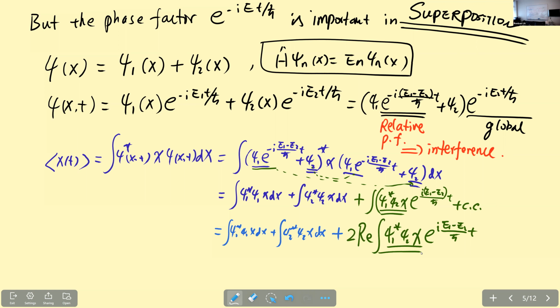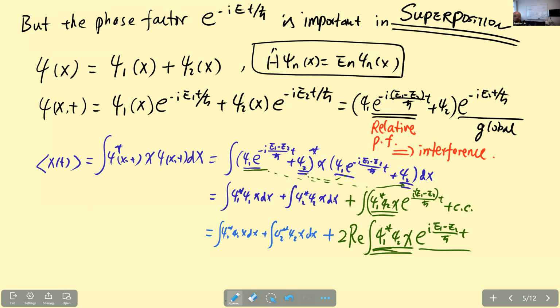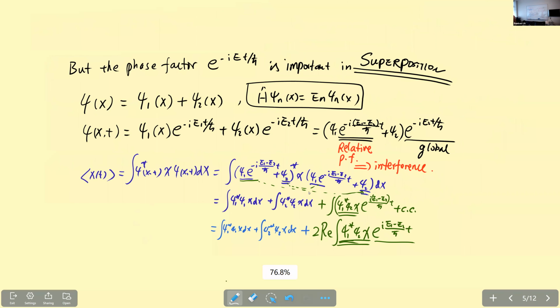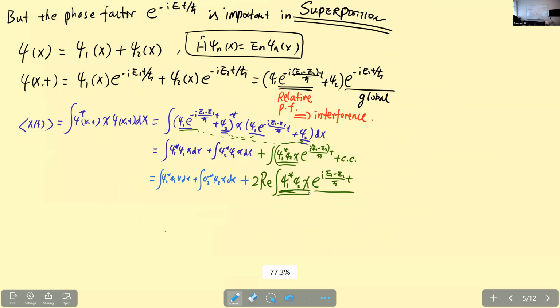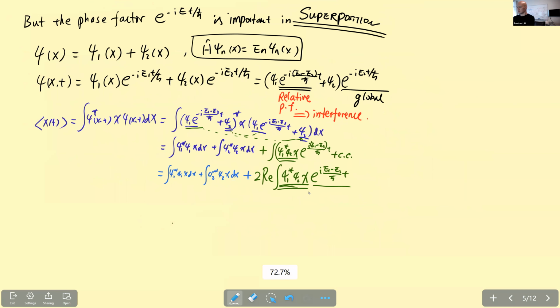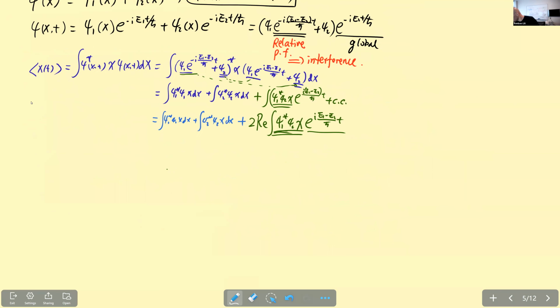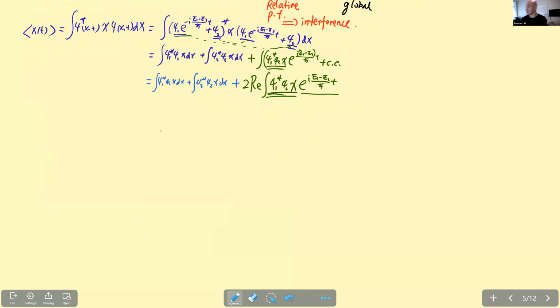So this is a phase factor that depends on time. We can have a notation for this one. Let's denote psi 1 complex conjugate x psi 2 dx.